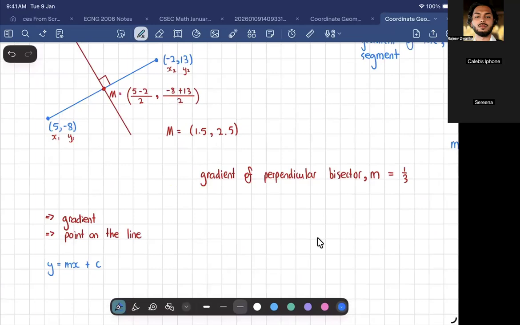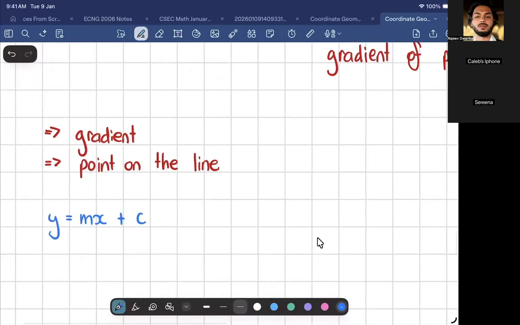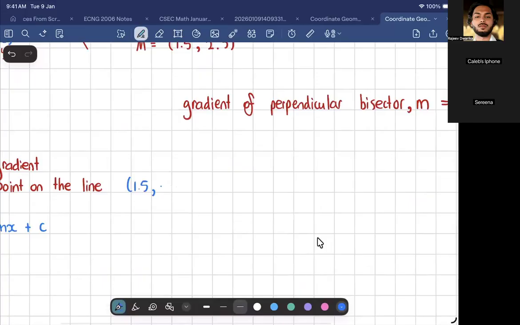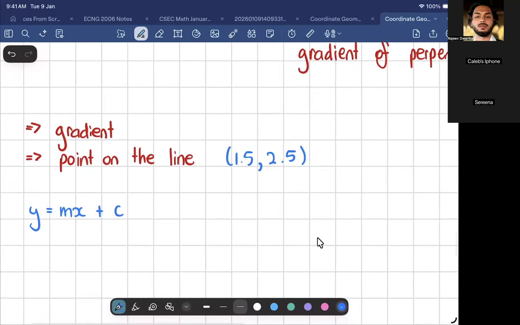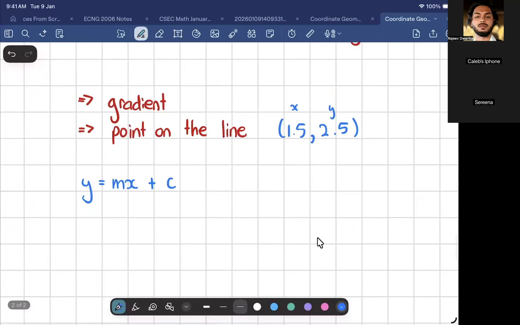The point we had on the line was 1.5, 2.5. So what do you think the x value is? 1.5. And the y value is 2.5. Great. And what is the gradient?